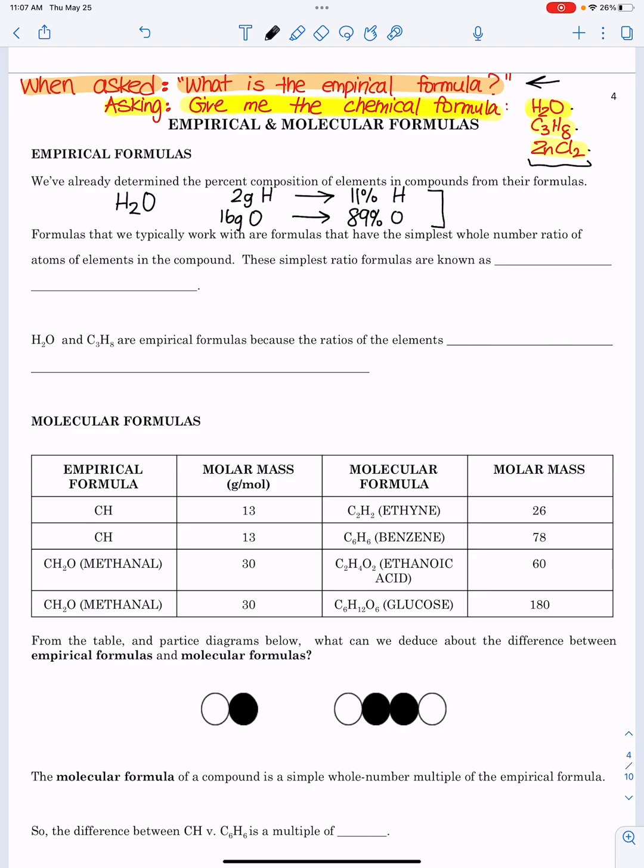For any given compound, those percentages are constant. So, formulas that we typically work with have the simplest whole number ratio of atoms of elements in the compound. These simplest ratio formulas that we get from these percent compositions are known as empirical formulas.